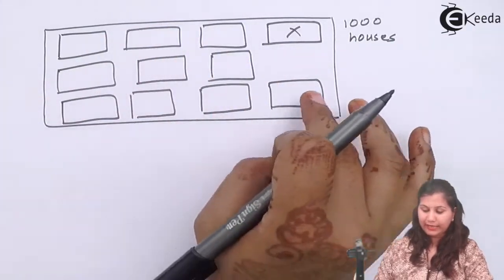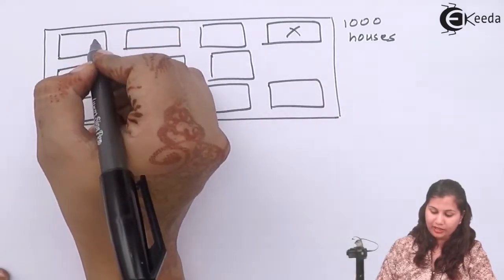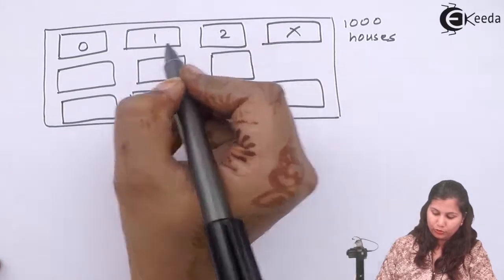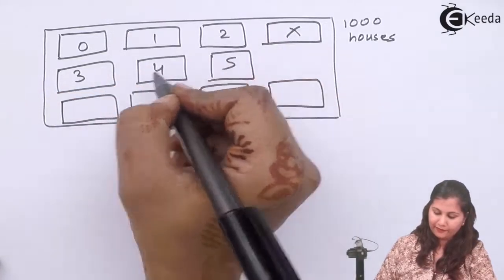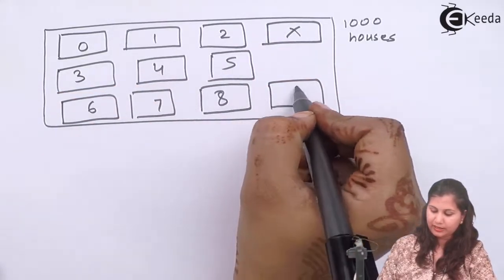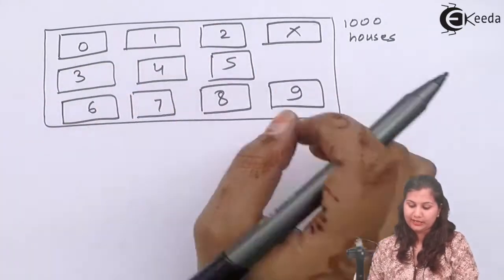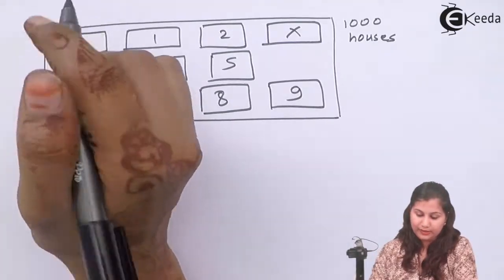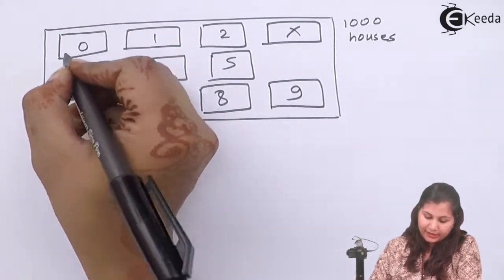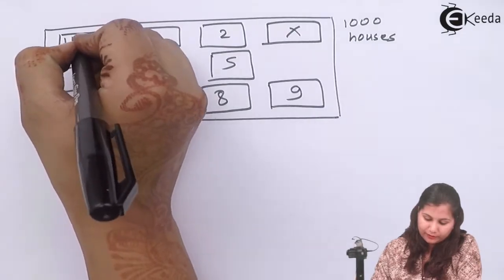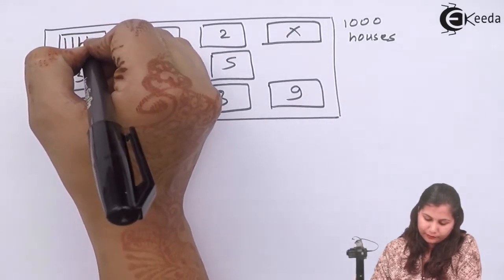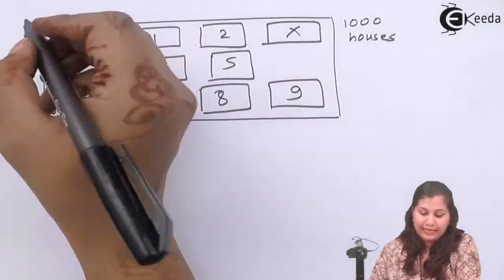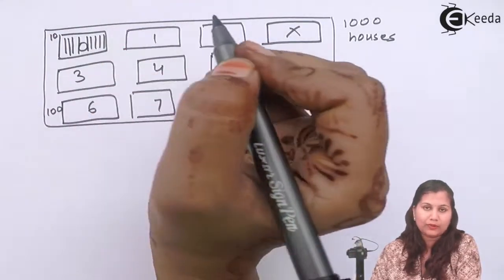We have 10 blocks here, and we name them 0, 1, 2, 3, 4, 5, 6, 7, 8, 9. Each block has 100 houses. These 100 houses are divided into 10 rows, and each row has 10 houses in it.